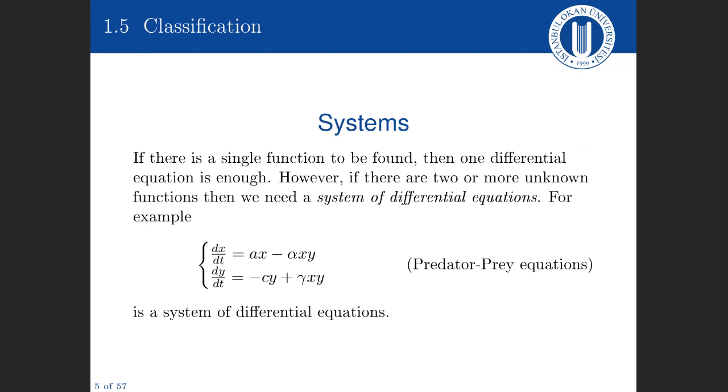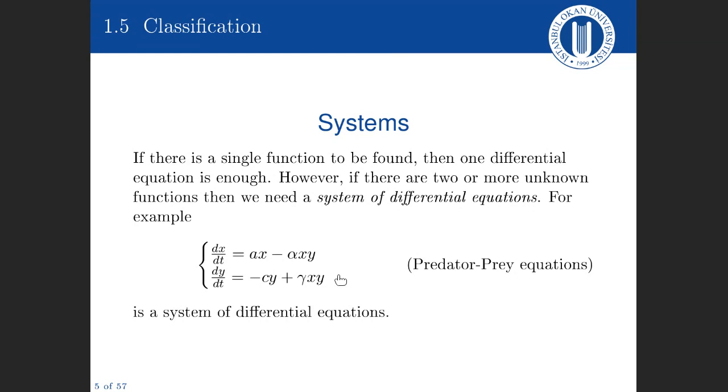Now, usually, and including last week, we would have one variable that we wanted to find, so one differential equation would be enough. But that's not always true. If we have two or more unknown functions that we want to find, then we would need a system of differential equations. For example, the predator-prey equations are a system of differential equations.